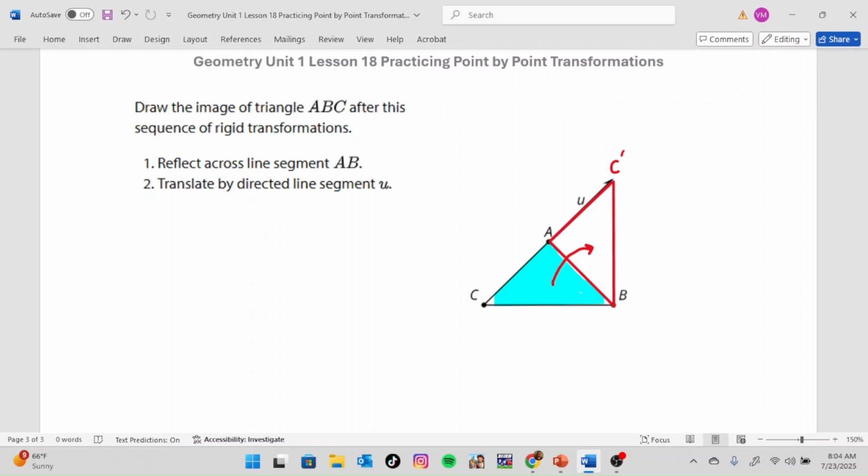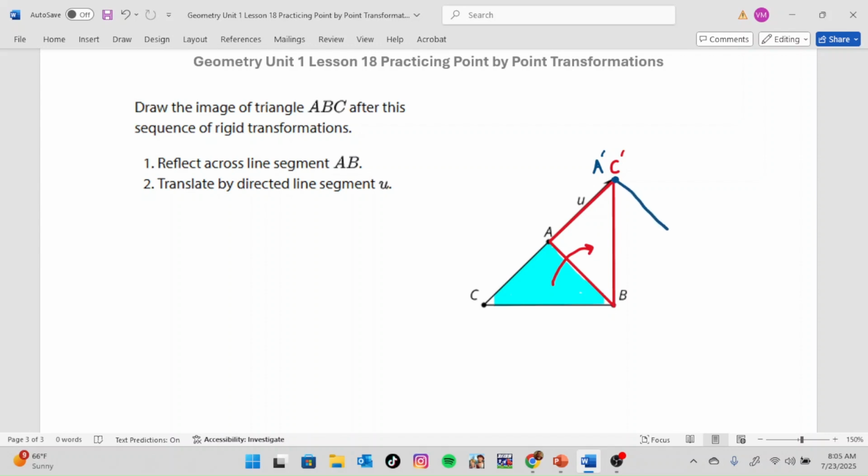Now, the second step tells us to translate by directed line segment U. So we're going to slide this triangle up and to the right along this line segment U. And that is now going to put A prime up here where C prime was.